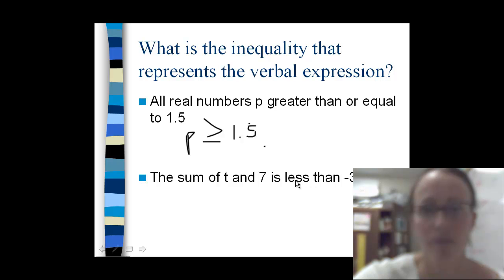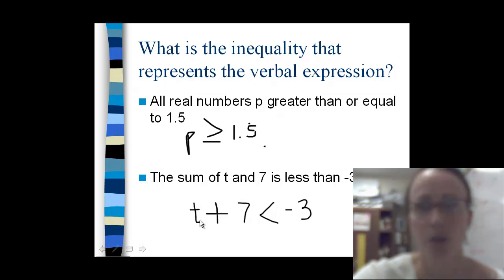So we're going to be adding t and 7. And we're using the less than symbol. So whatever number you put in for t here, whatever you fill this blank with, you have to be able to add 7 to it and have that still be smaller than -3.